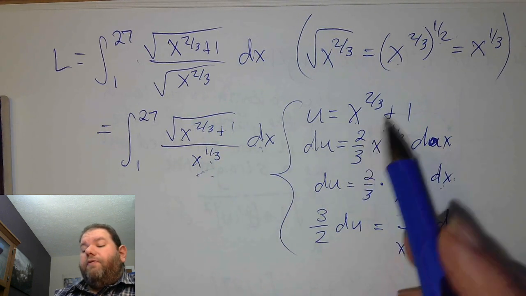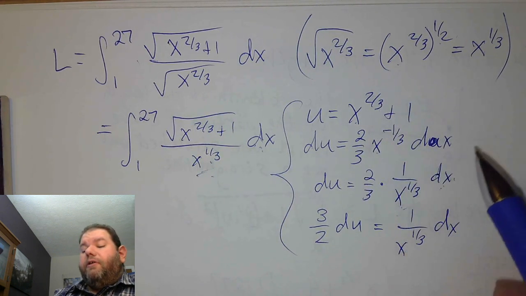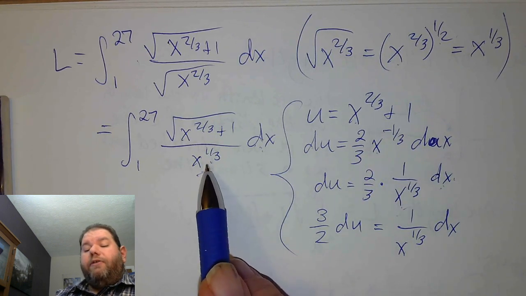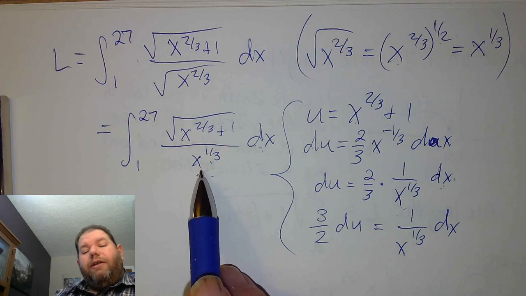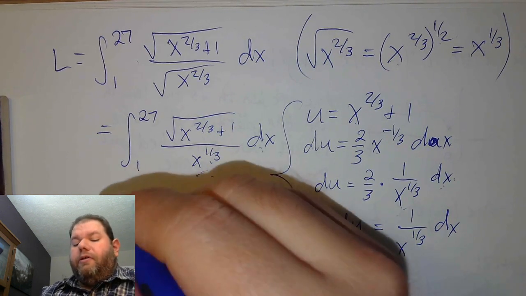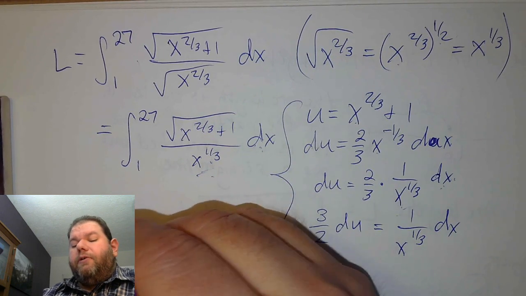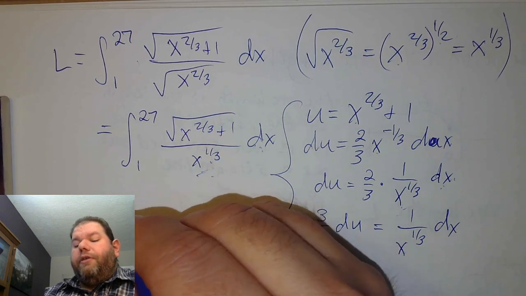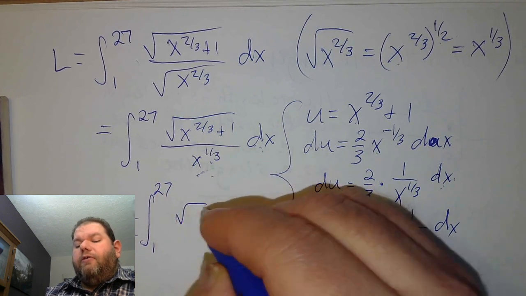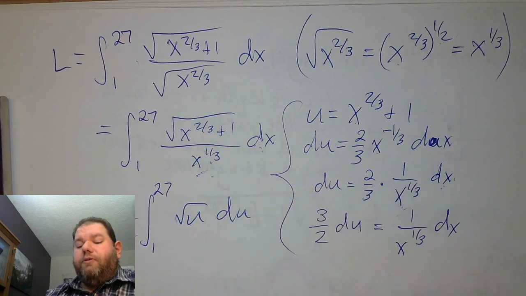And then our derivative of this term is basically a multiple of x to the negative 1/3, which is right here. This is x to the negative 1/3, since it appears in the denominator. So completing our substitution, we're going to get 3/2 integral 1 to 27 square root of u du.